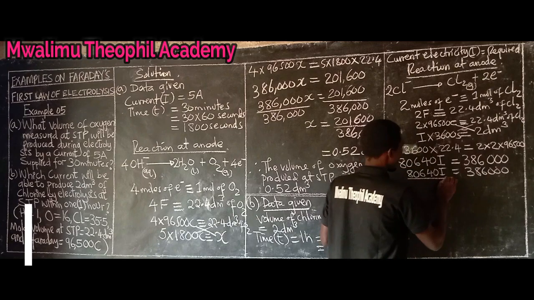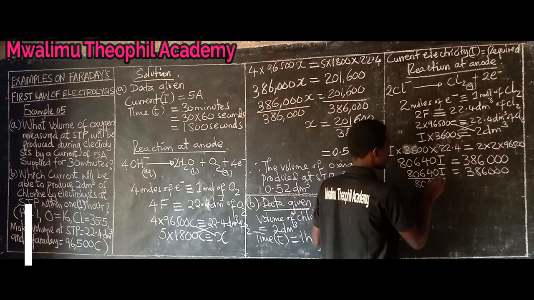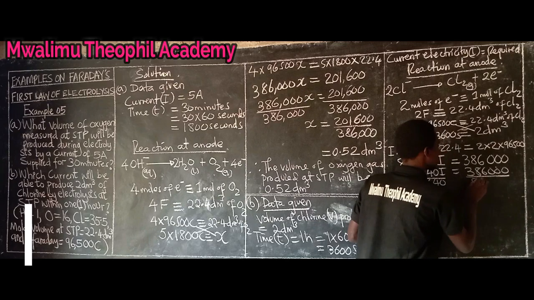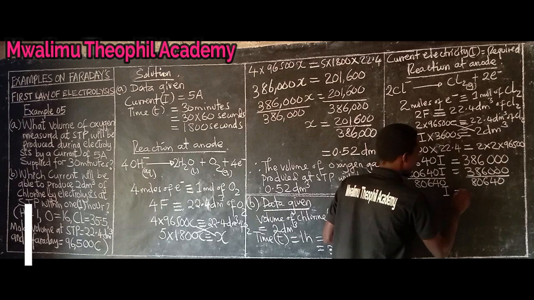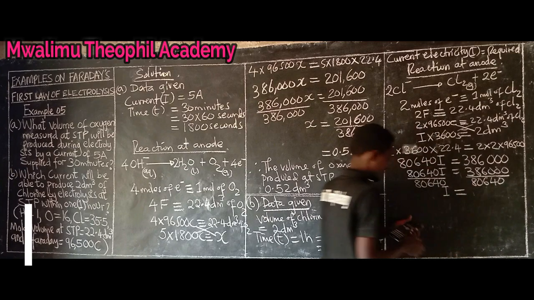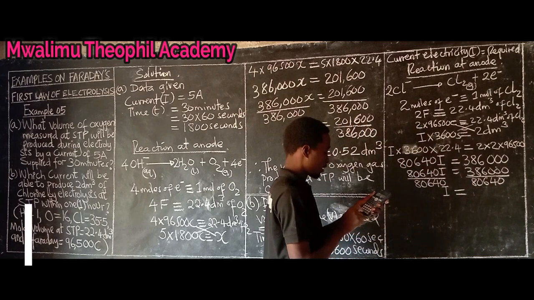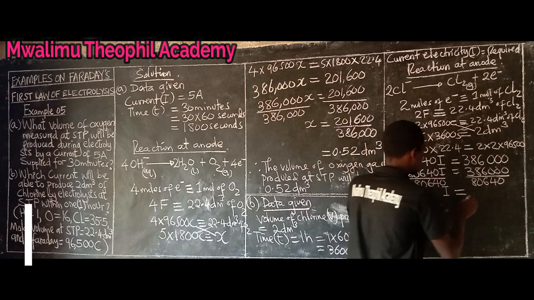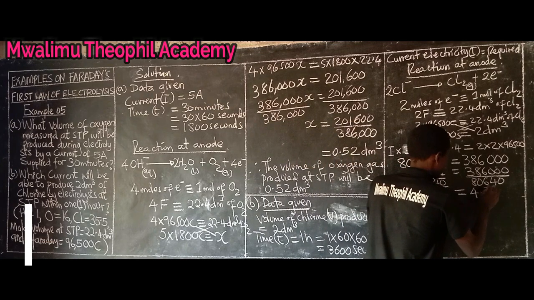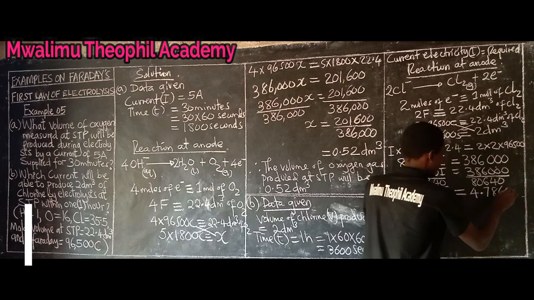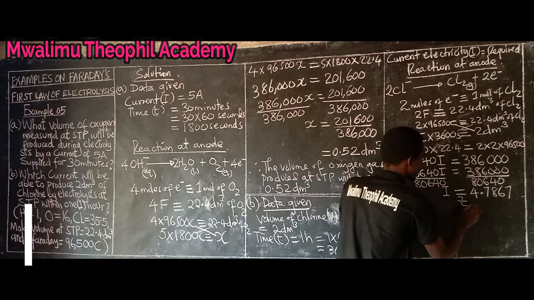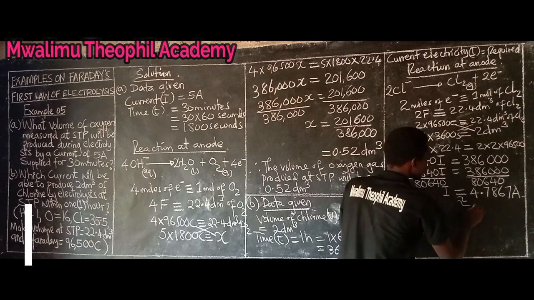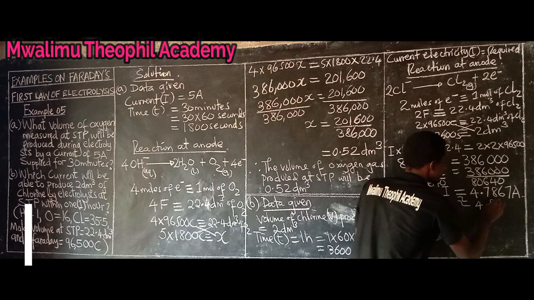We divide by 80,640 on both sides. Here we are remaining with I. I will be equal to 386,000 over 80,640. When we divide this value, we get 4.7867 amperes, which is approximately 4.8 amperes.